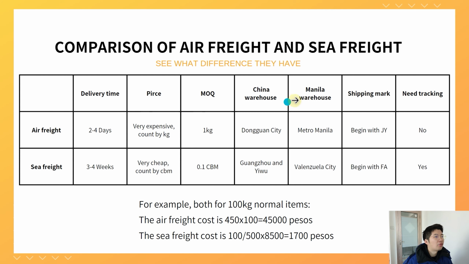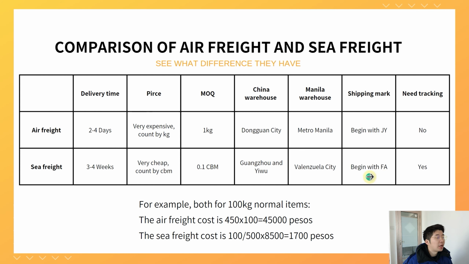Our air freight Manila warehouse is located in Metro Manila, while the sea freight Manila warehouse is located in Valenzuela City. Our air freight shipping mark begins with JY, and the sea freight shipping mark begins with FA.